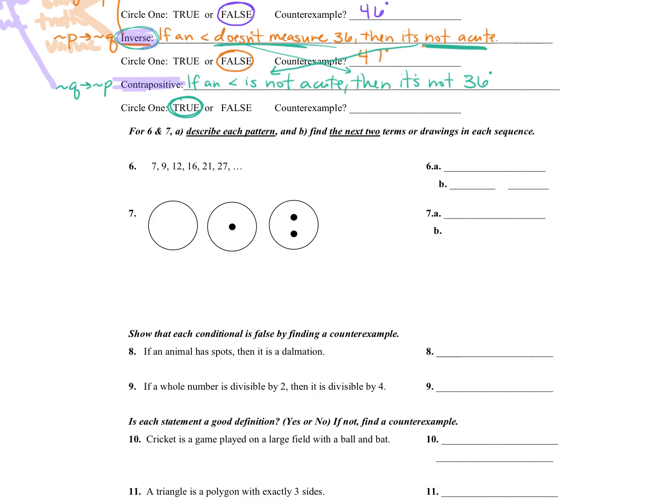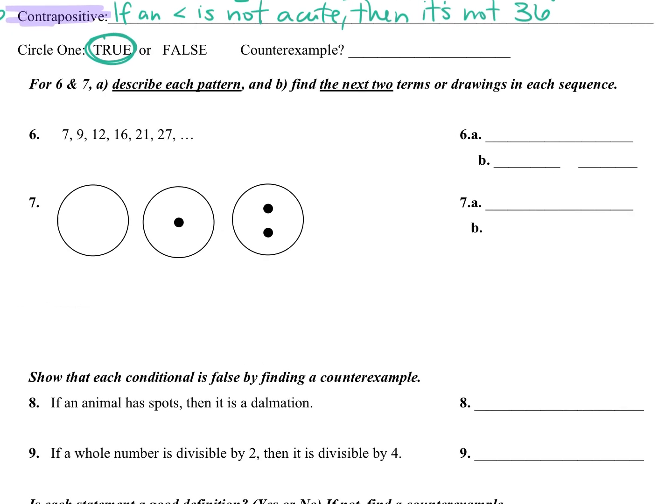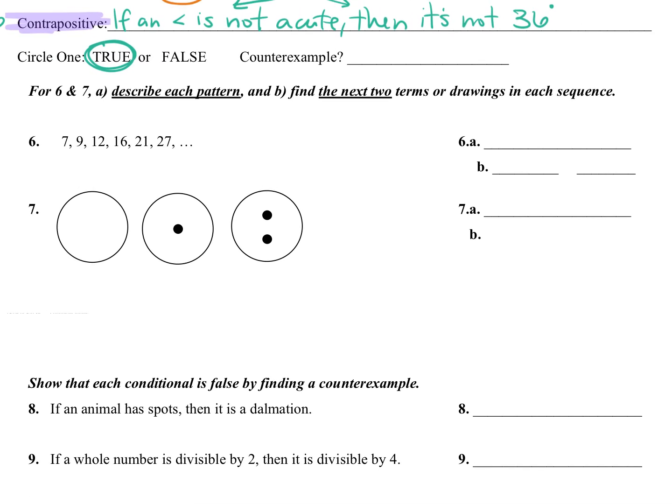All right. Number 6 and 7, you have to describe the pattern and then find the next 2 terms. So we went from 7 to 9, 9 to 12, 12 to 16, 16 to 21, 21 to 27. Anyone see what's happening there? You add 2 and then 3, then 4, and then 5 and then 6 and then 7. Right.